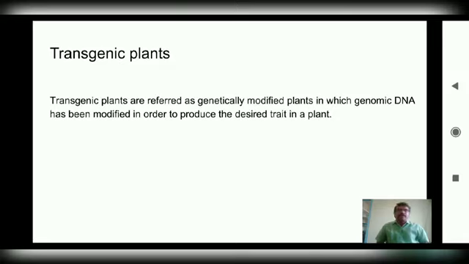So transgenic plants are referred as genetically modified plants in which genomic DNA has been modified. So we can modify the DNA of a plant to get a desired character or a trait in a plant. So this is also referred as genetically modified plant.